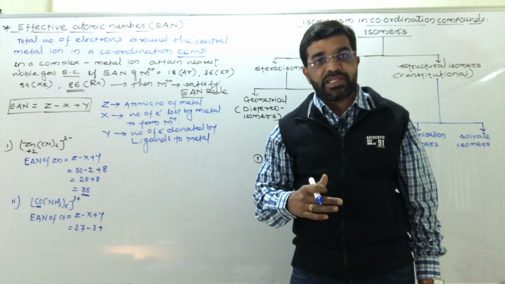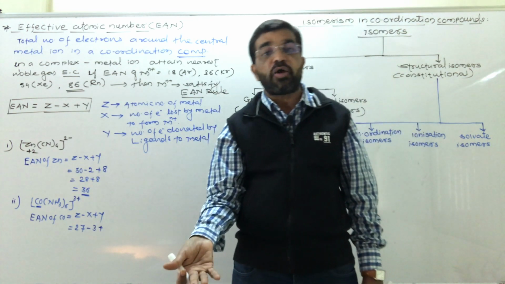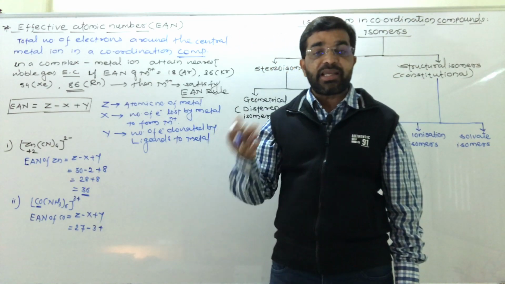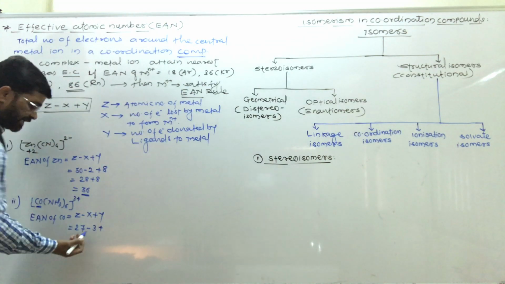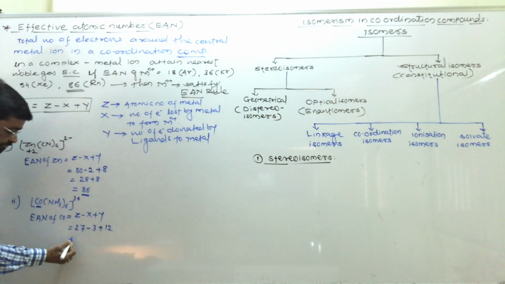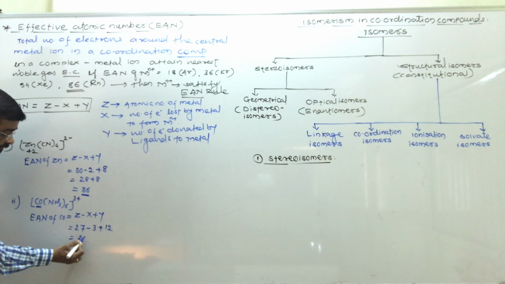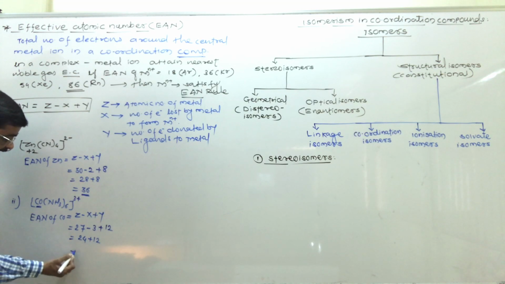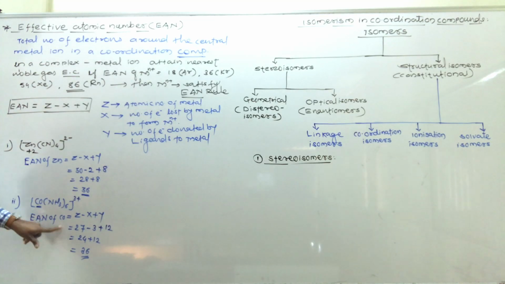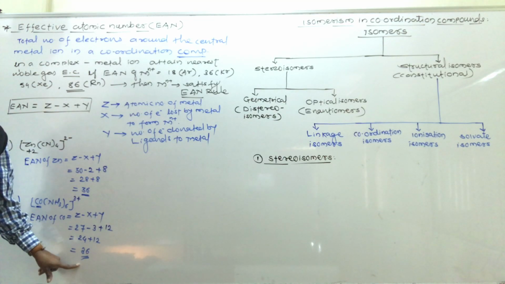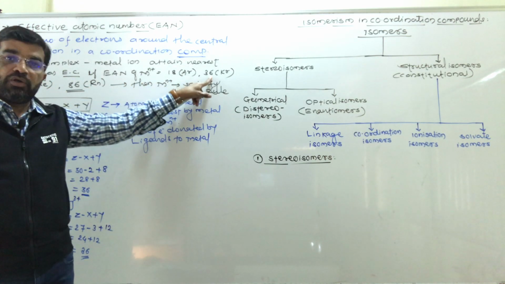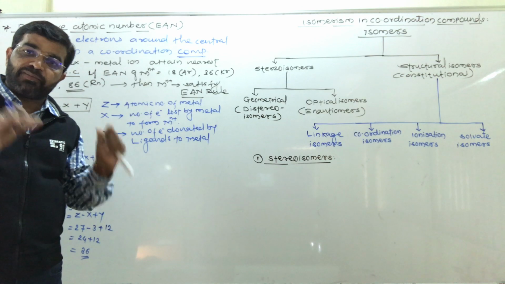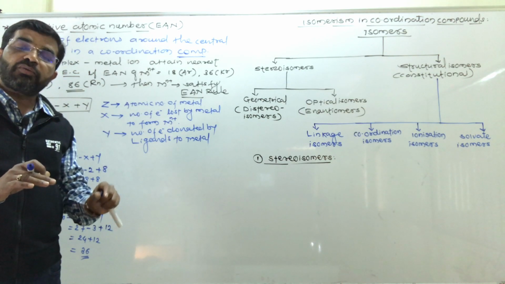So 6 ammonia molecules will donate 6 pairs of electrons. Pair यानी क्या इलेक्ट्रॉन कितने हो गए? 12. So here 27 minus 3 plus 12 is equal to 24 plus 12, which is equal to 36. So that is the effective atomic number of cobalt, 36. So it also satisfies the effective atomic number rule, because its effective atomic number is equal to the atomic number of the nearest noble gas.